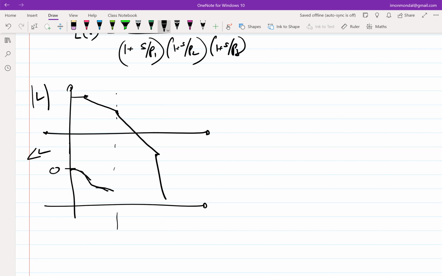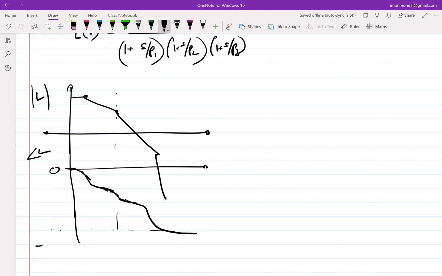So then you cross 1 at a certain angle, then you cross 0. Actually, it should be here, right? And ultimately you settle at minus 270, right?